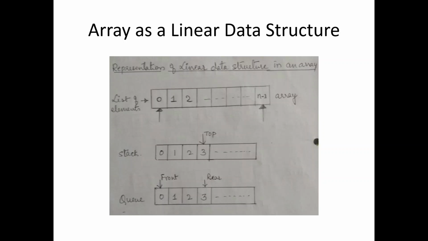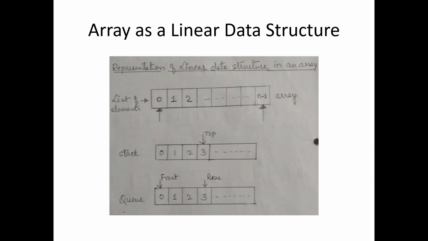As you know, index of an array starts from 0 to n minus 1. So here 0, 1, 2, so on, the memory location will be in the contiguous form. So this means the list of elements can be stored in the contiguous form, that is array representation in the linear form, that is in sequential form.